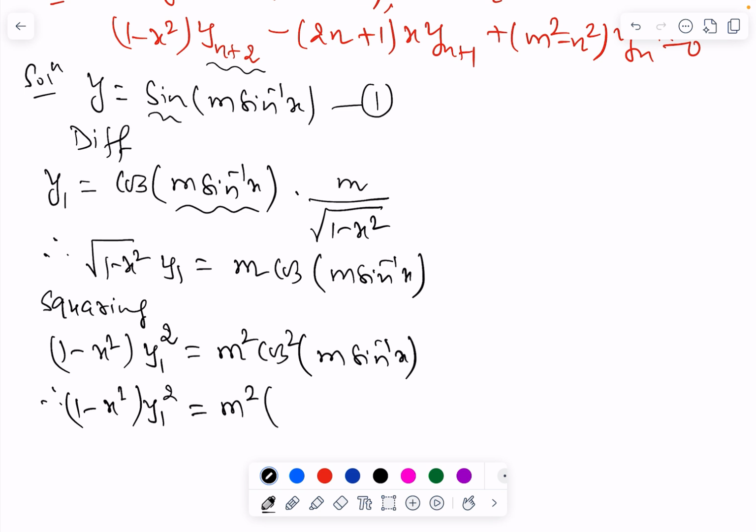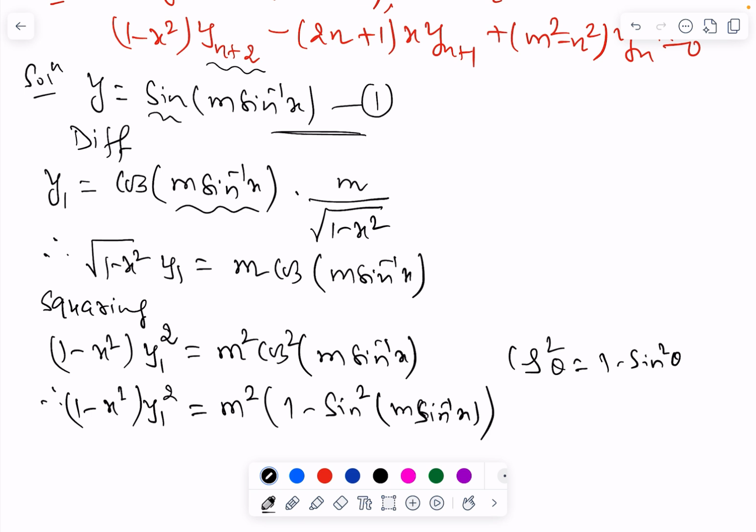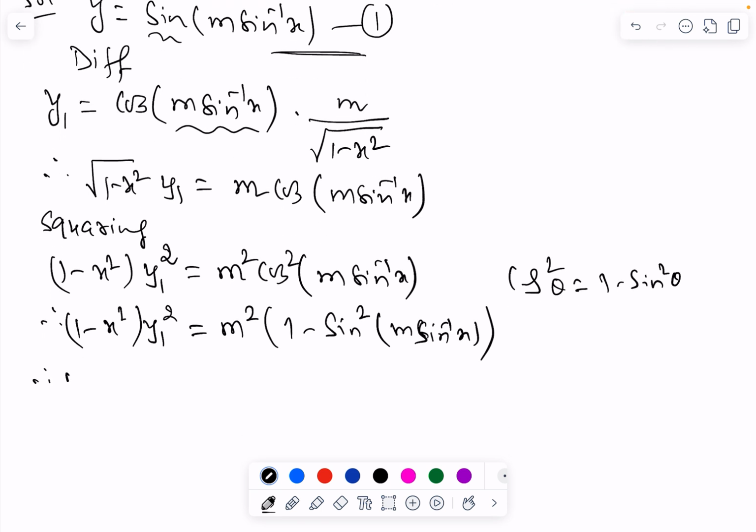We can write cosine square theta as 1 minus sine square theta. So 1 minus sine square m sine inverse x. But sine of m sine inverse x is y. So this is 1 minus x square y1 square equal to m square into 1 minus y square.